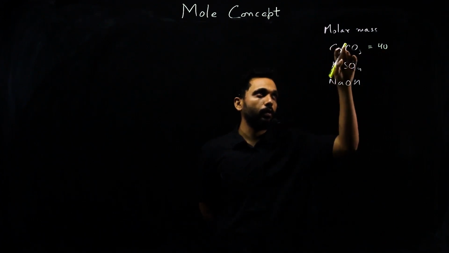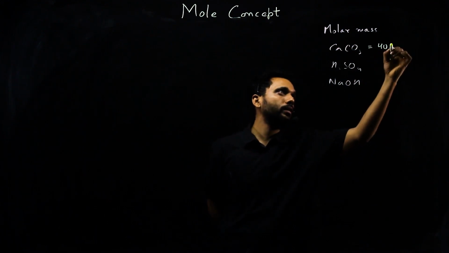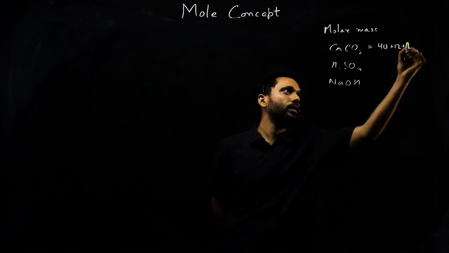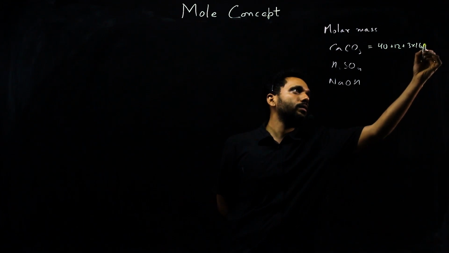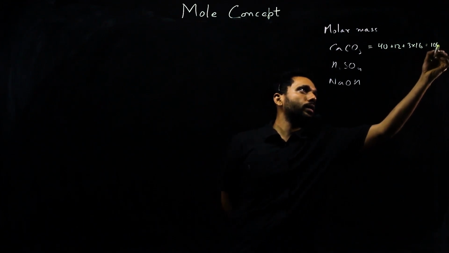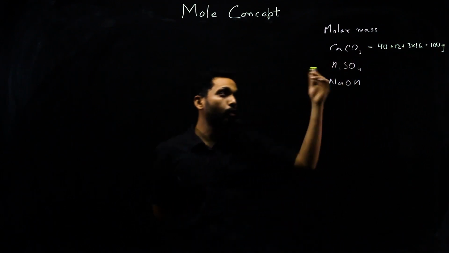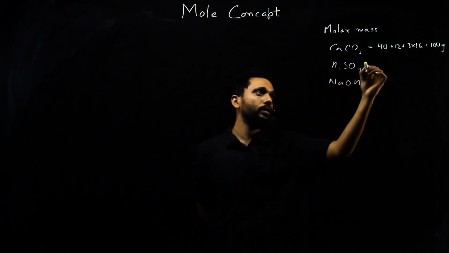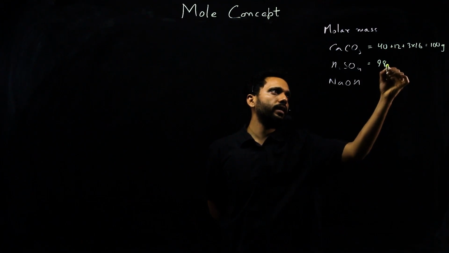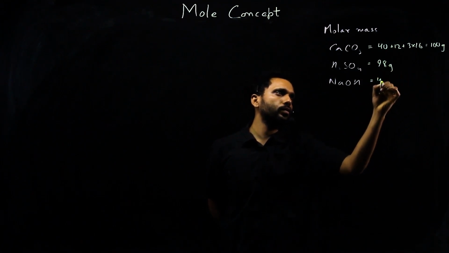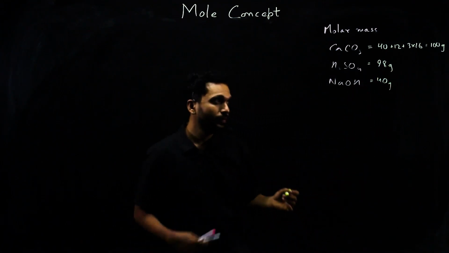If I'm talking about one molecule, it is 40 u, and then 12 for carbon and 3 into 16, so that gives you 100. If it is molar mass, it is 100 grams. If it is molecular mass, it is 100 u. Similarly, this will give you 98 grams. This gives you 40 grams.